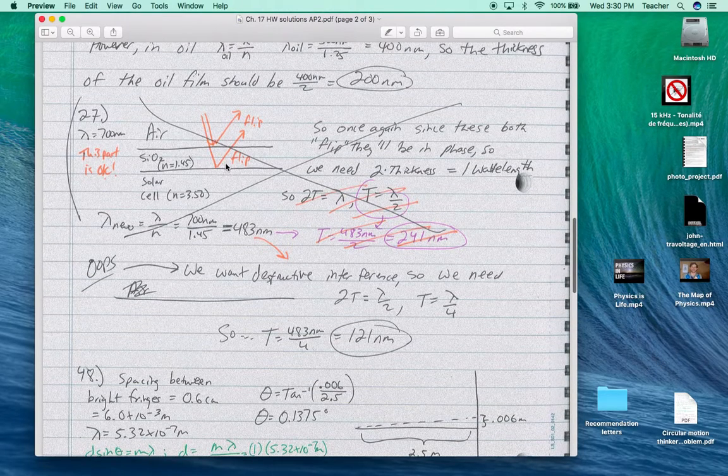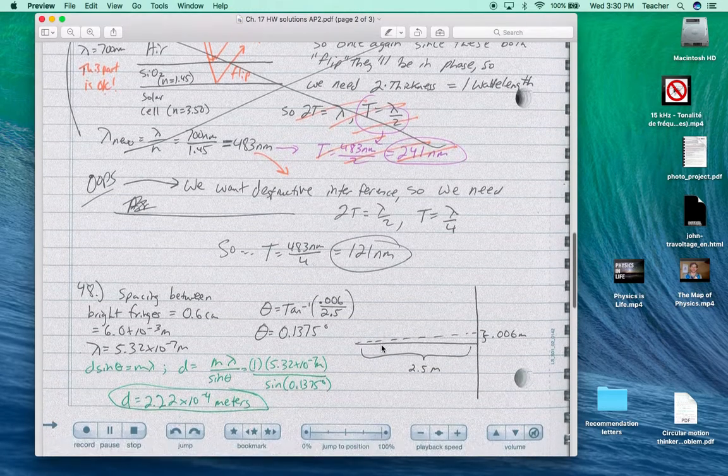So this flips, this flips. Therefore, twice the thickness, down plus up, we would want to be half a wavelength to be out of phase. So the thickness would be a quarter of a wavelength. So that's a quarter of this in that material, which is 483 nanometers, 121 nanometers thick.